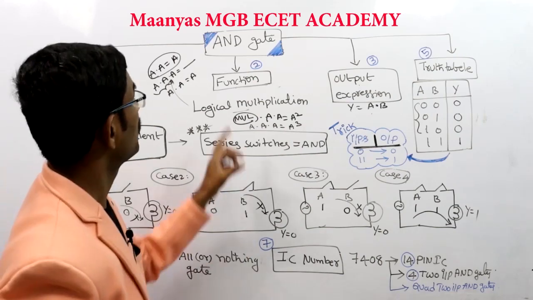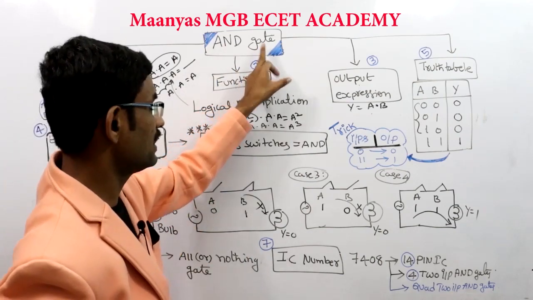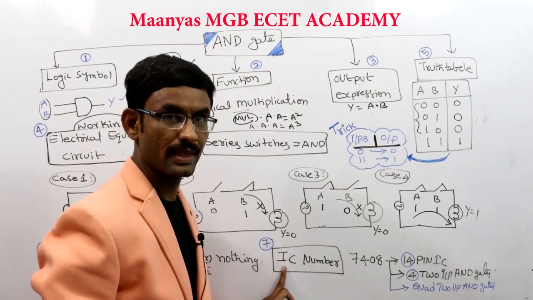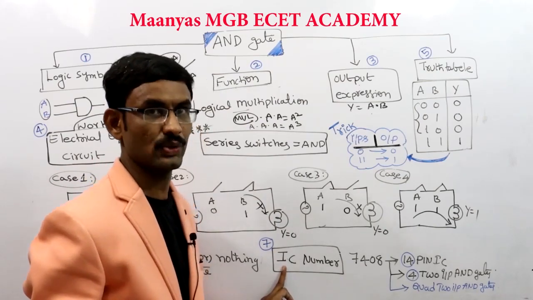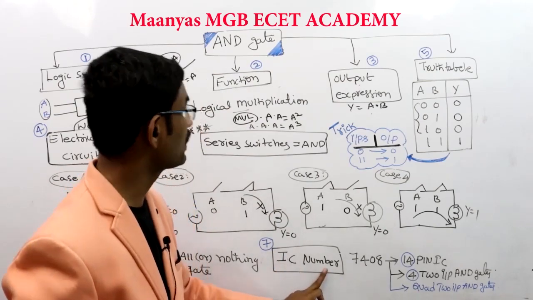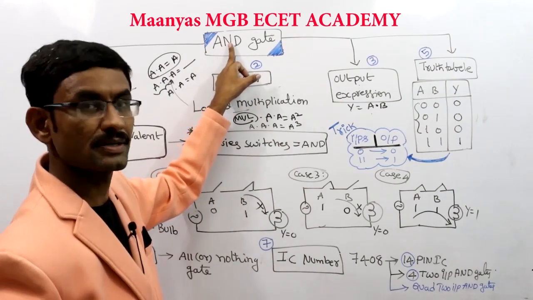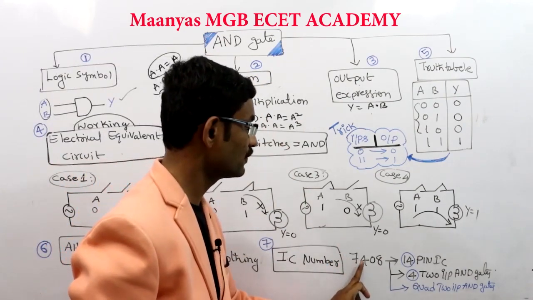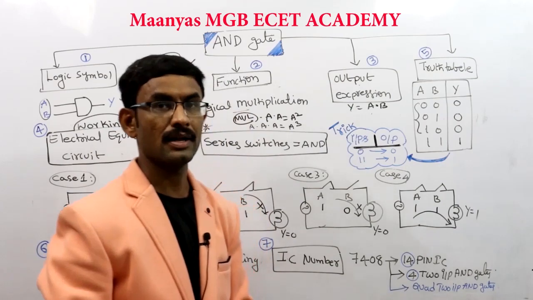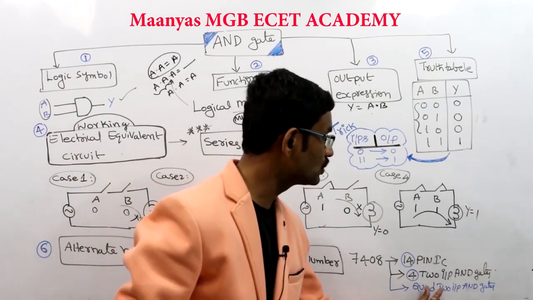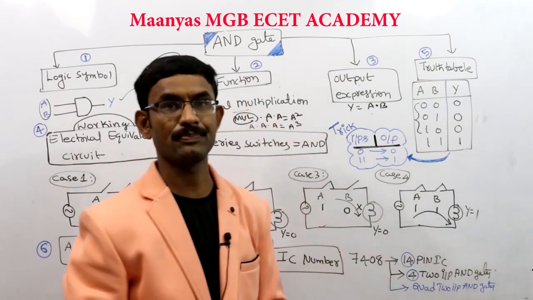Next, the AND gate is available in the form of IC. IC stands for integrated circuit. What's the IC number of the AND gate? Very important point: 7408 is the name of the quad 2 input AND gate IC.